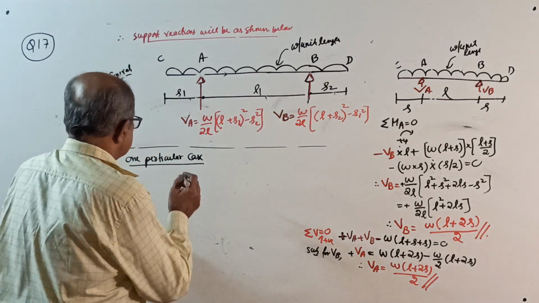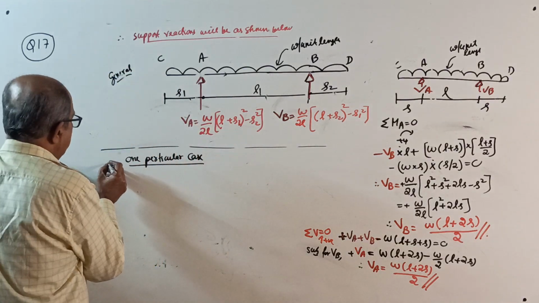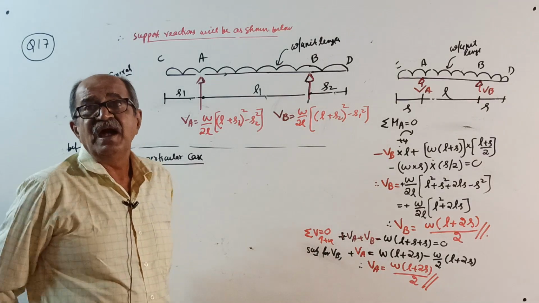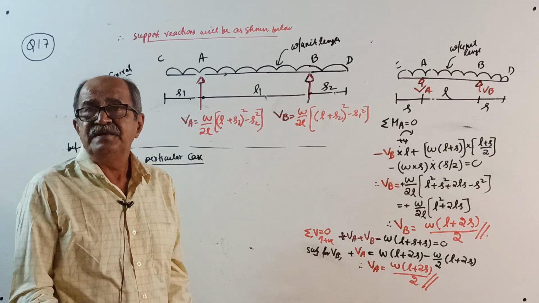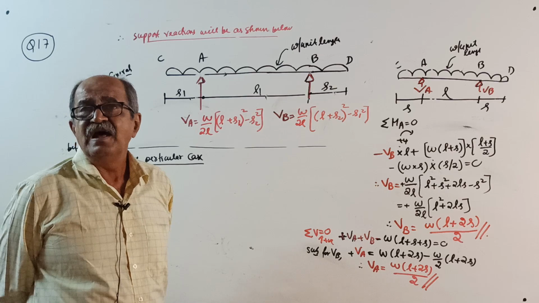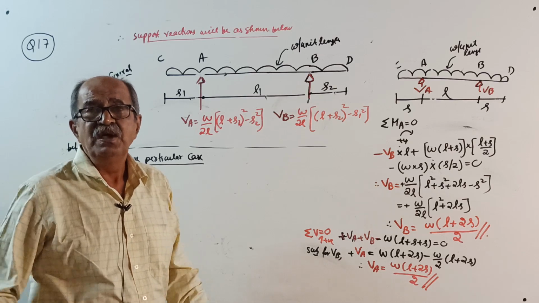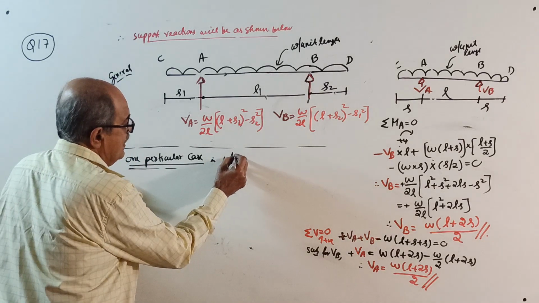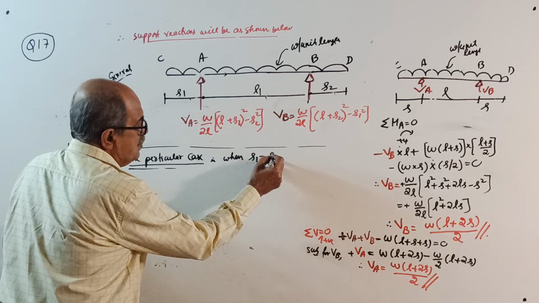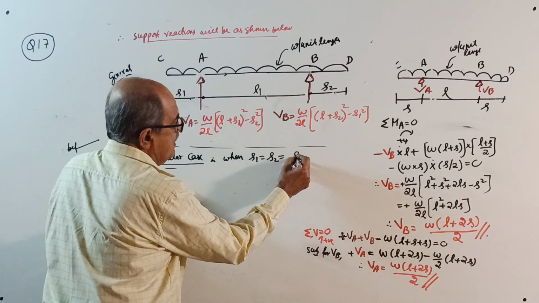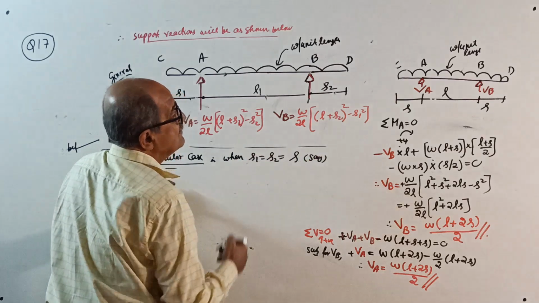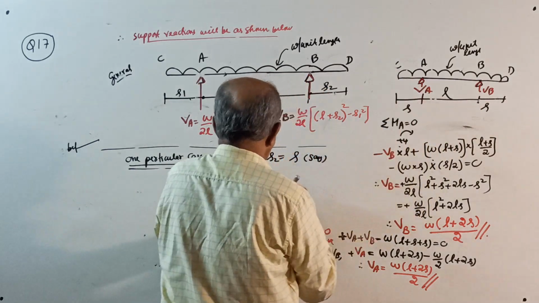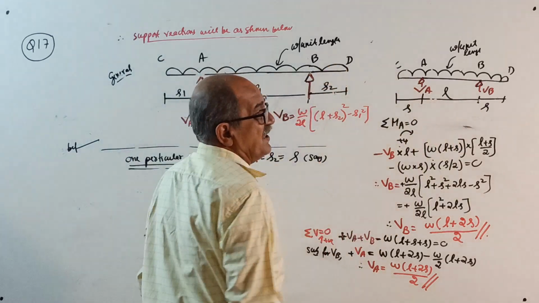Okay, now, before we go to discussion where the negative reaction, that is the downward reaction concept, will come, and also a special case of zero reaction, we will go to a particular case, when S1 equals S2 equals, say, S. The span is L, and both are equal overhangs.